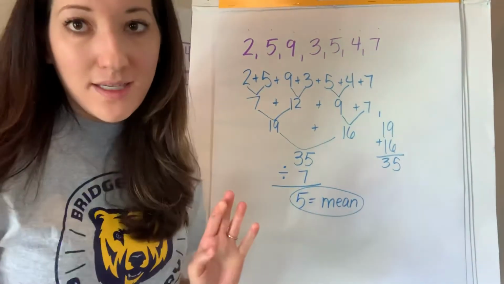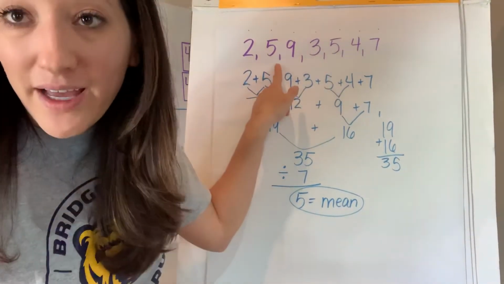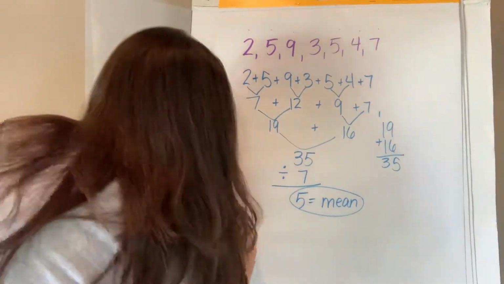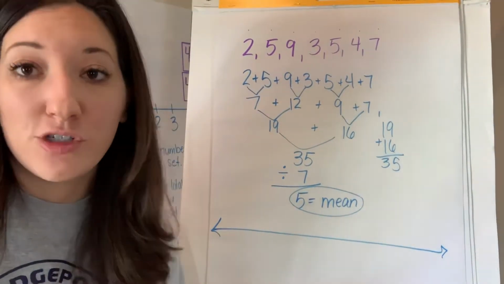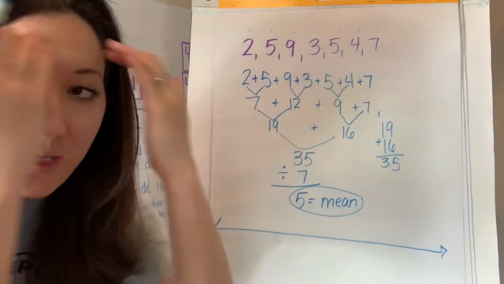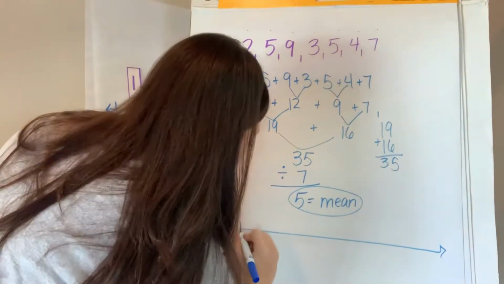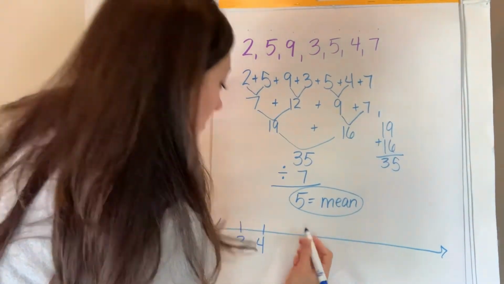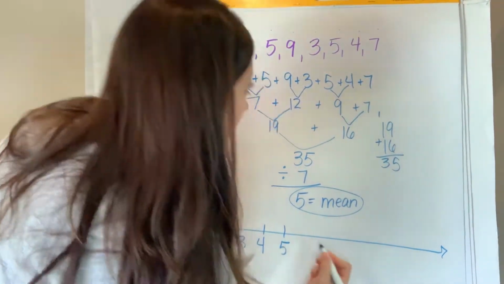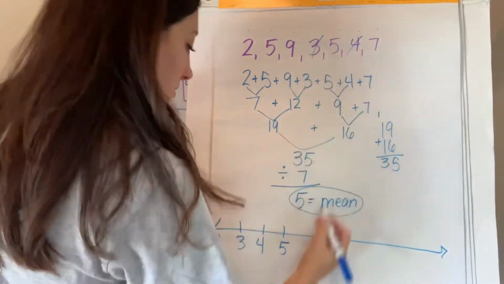And I know that that makes sense because most of the numbers that are up here, first of all, I have 2 5s. So if I put them on the number line, which you don't have to do, I'm just showing you how I think about it in my brain. I've got a 3, I've got a 4, I've got a 5. There's no 6. I have 2 5s.